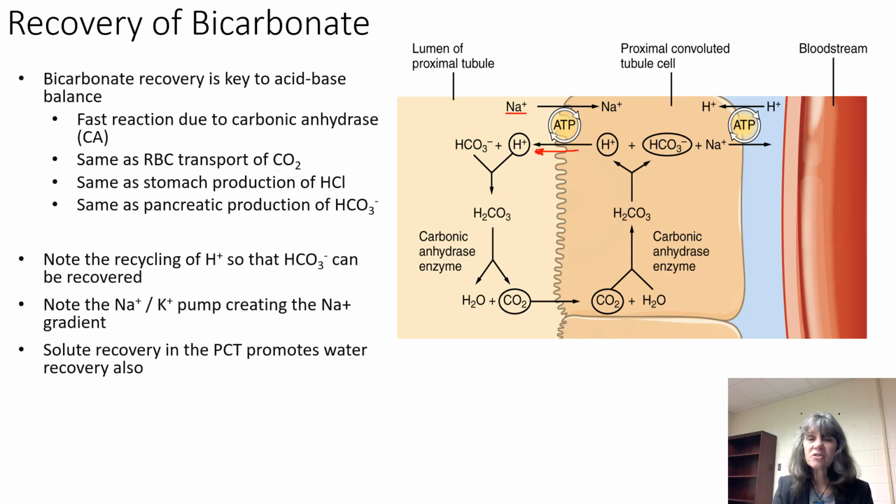Now, hydrogen ions will very quickly react with bicarbonate ions. When hydrogen and bicarbonate join together, they form a molecule known as carbonic acid. And carbonic acid is going to quickly be broken down into water and carbon dioxide.